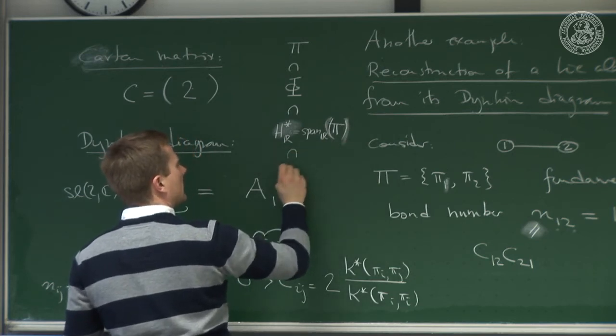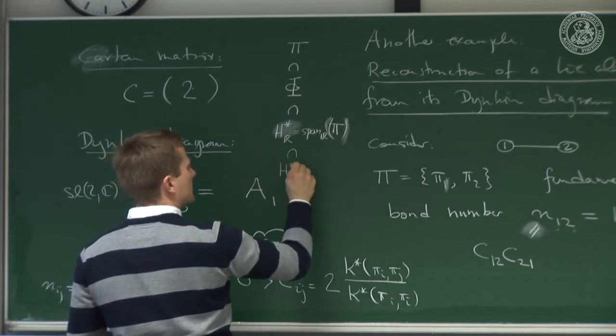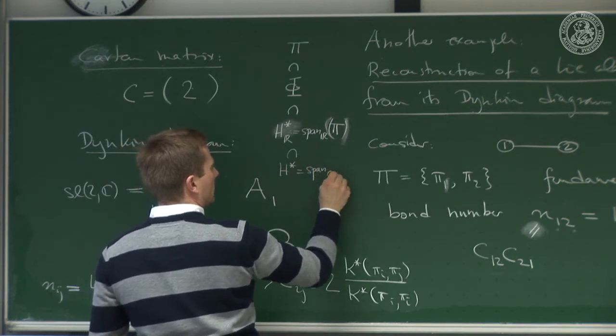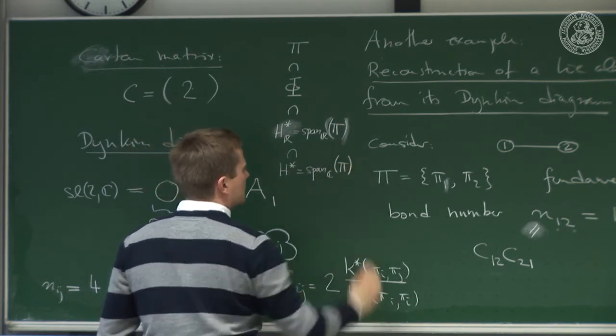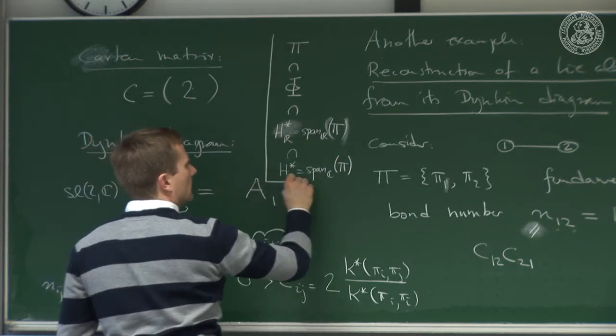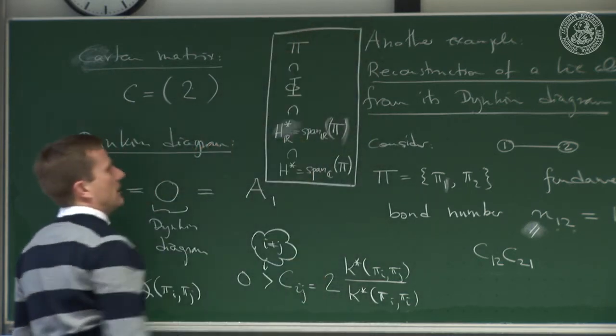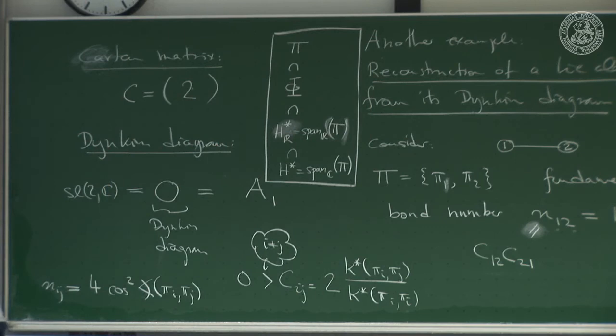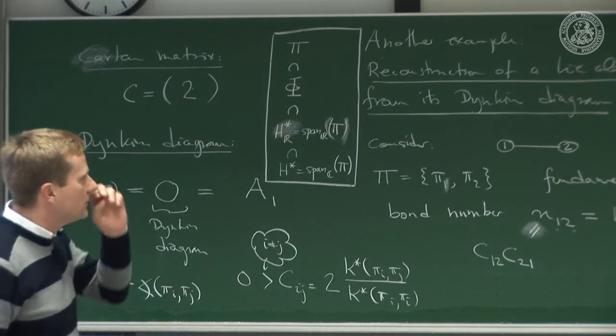And that of course lies fully in H star, which is the dual of the Cartan algebra, and which we said was also spanned by pi. So maybe you want to note these inclusions in evaluating what we do here.